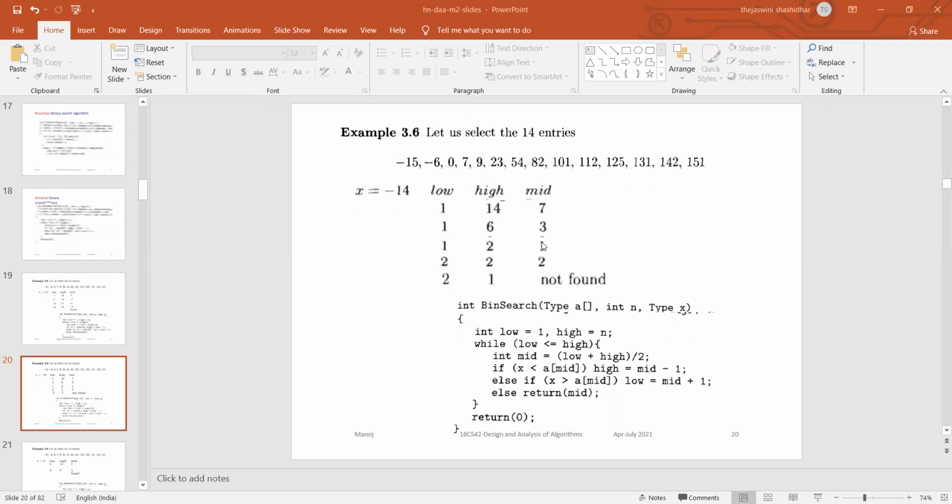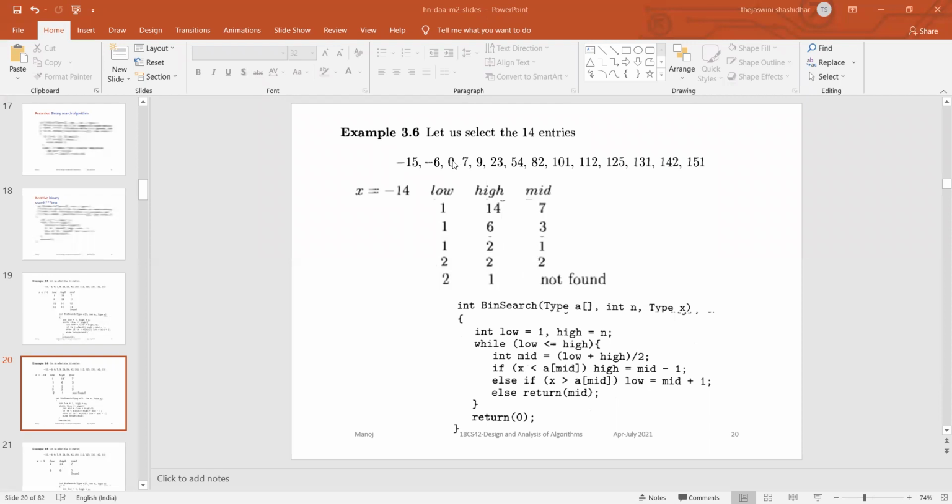What is the middle element? That is 1. So mid plus 1 is 2, and now low becomes 2. High will be 2 only. 2 plus 2 is 4 by 2 is 2.